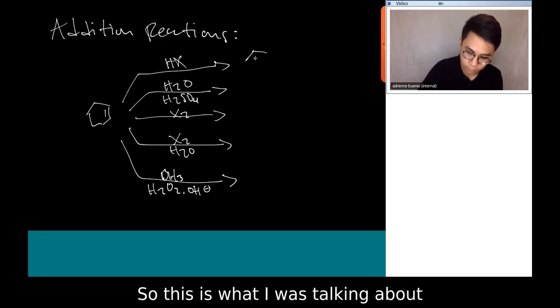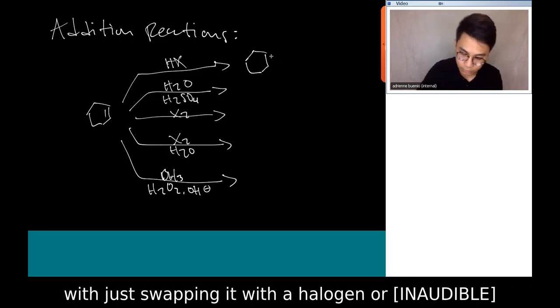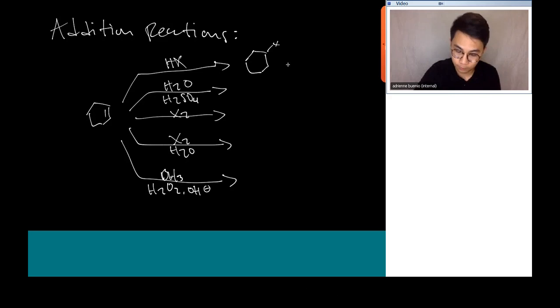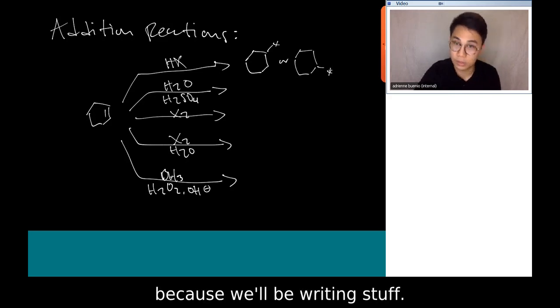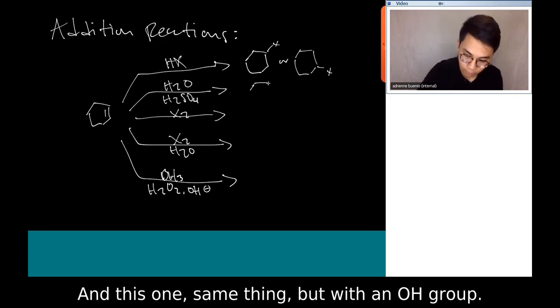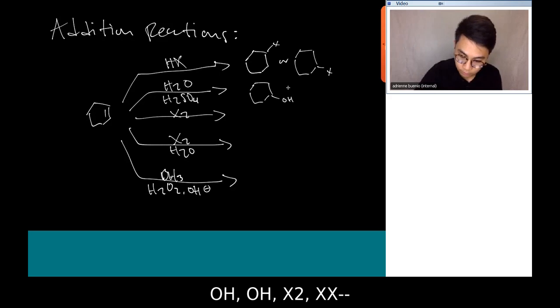So this is what I was talking about with just swapping it with a halogen, right? Or it could be in the other one. I don't want to take up too much room because we'll be writing stuff. And this one, same thing, but with an OH group. OH, right?